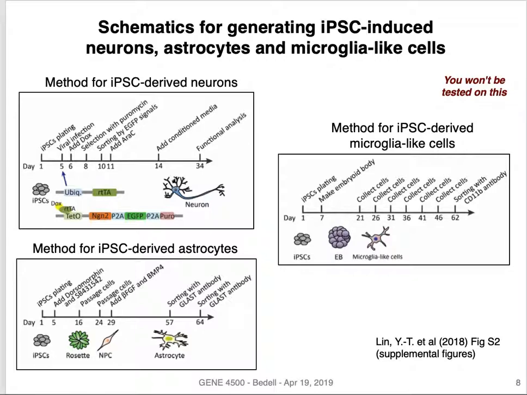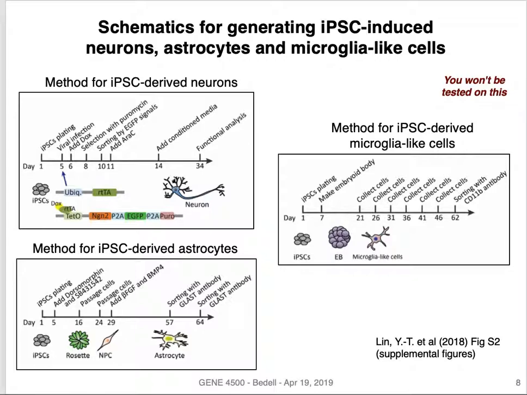It's never been addressed before. So you don't have to know about all these details, I won't test you on them, but just so you know, they're using very well validated methods for differentiation, okay?